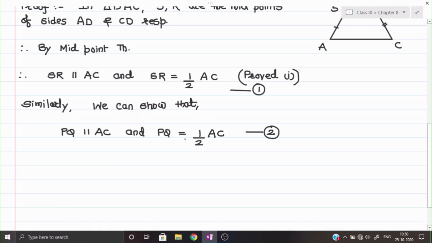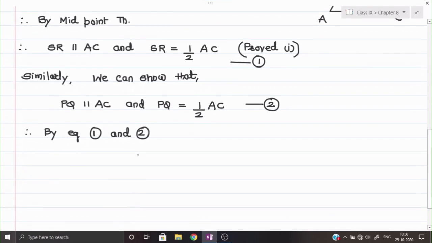You can see the right-hand sides of both equations are the same. Half of AC is coming here also and half of AC is coming here also, means PQ and SR will be equal. So we can say that, therefore, by equations first and second, PQ and SR are parallel.